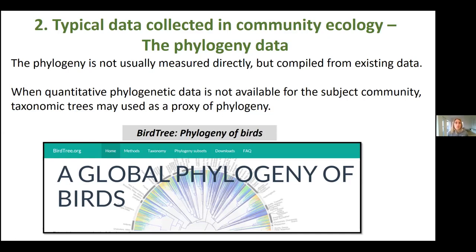But for some other taxonomic groups, the taxonomy or the phylogeny might not be so well resolved, like is the case of fungi, for example. And in these kind of cases, we may use the taxonomic relationships of the species as a proxy of phylogeny, like what genus, order, class the species belong to and how they are related.